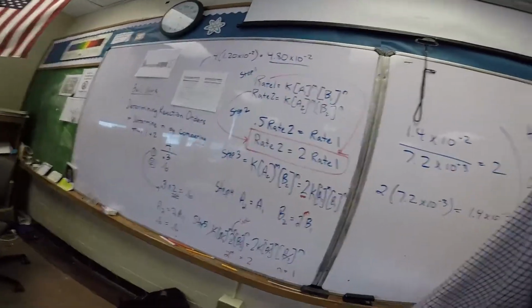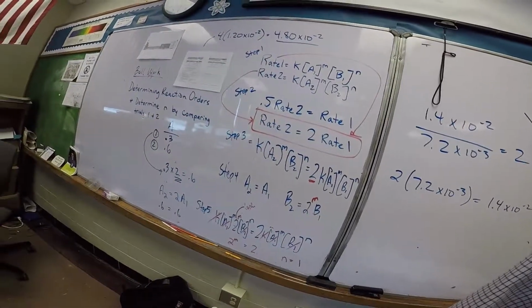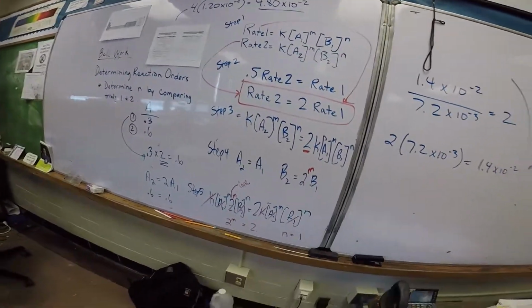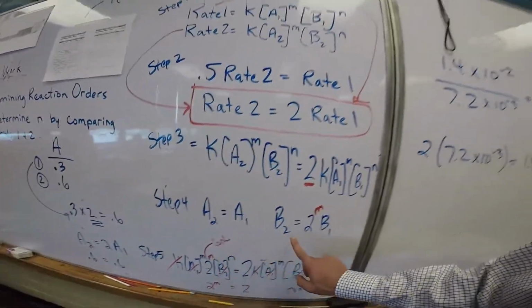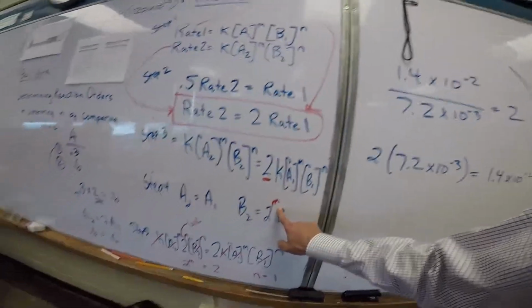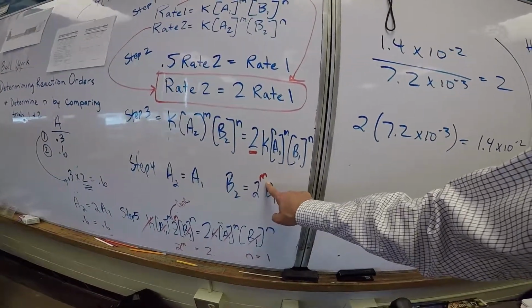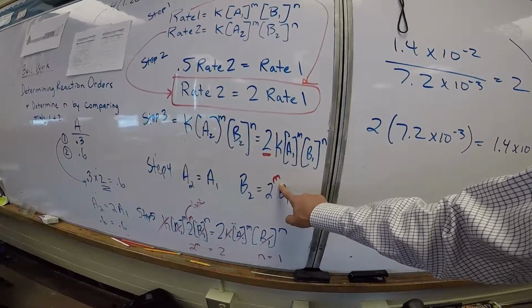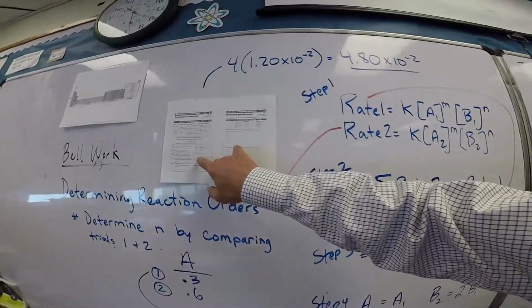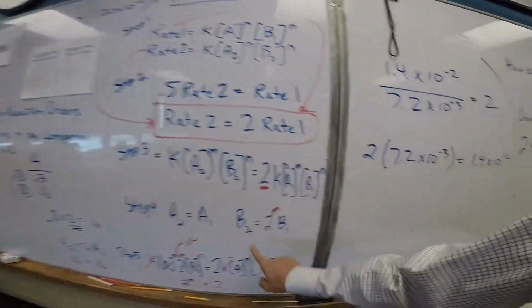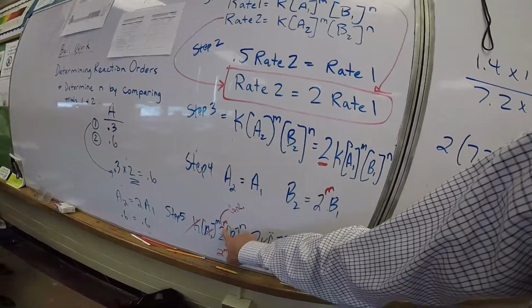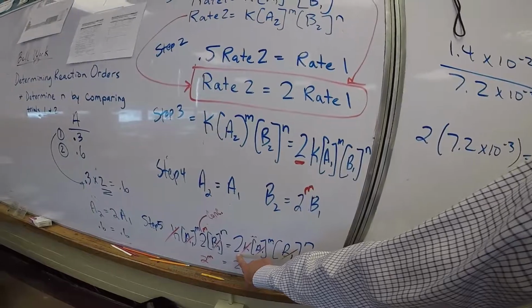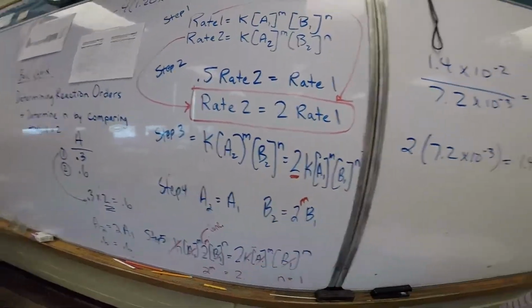Now the last thing you need to understand, where it gets a little bit complicated, is associated with your concentration. Concentrations always have an order to them. They left this off in the example. They didn't put an M there, and they should have, because every concentration has an order. This does not, because this is not a concentration, it's a rate.